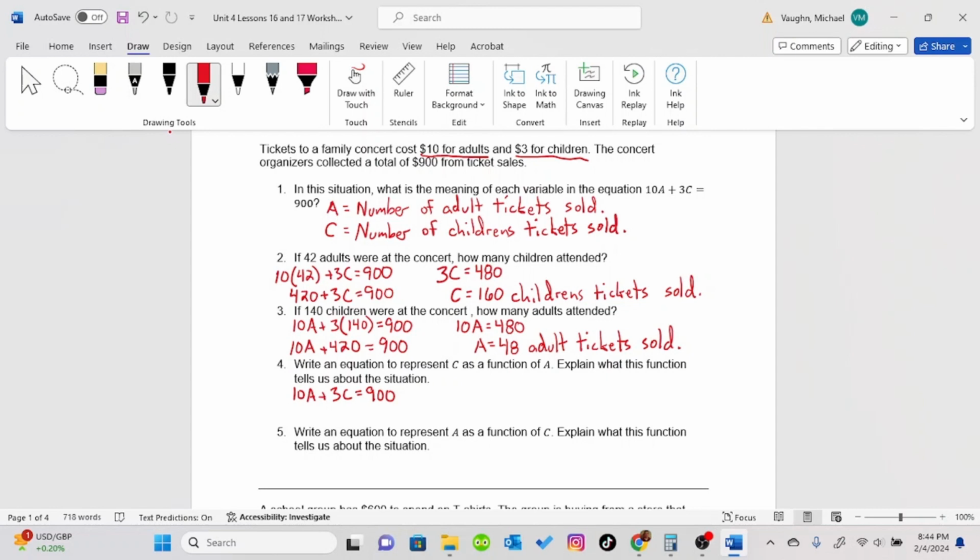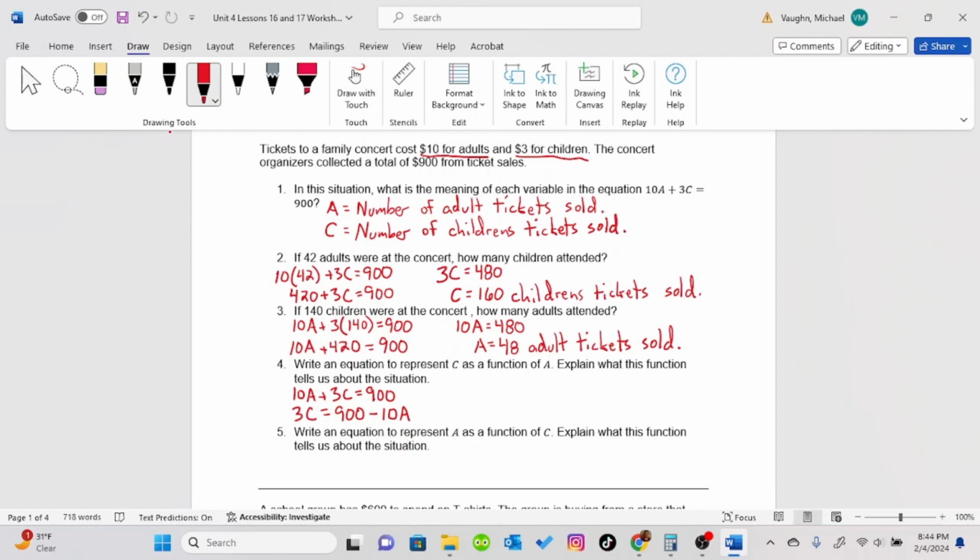So first, we're going to subtract 10a from both sides. So we have 3c equals 900 minus 10a.